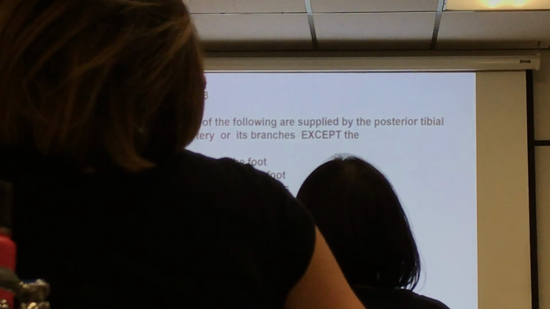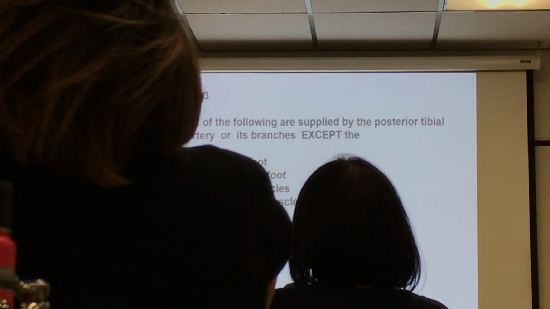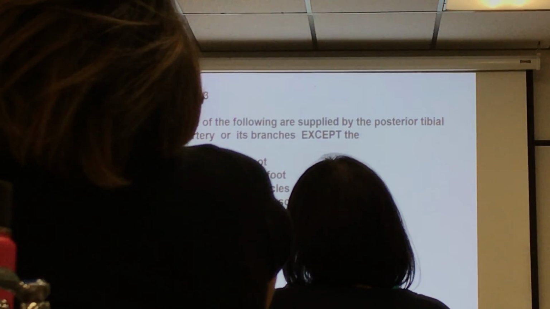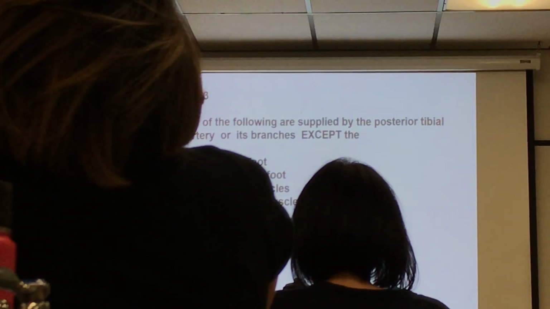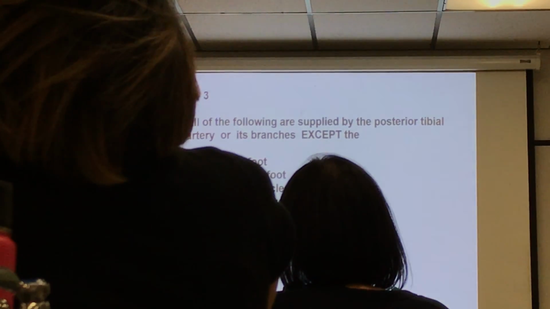I just said, all of the following are supplied by the popliteal artery or its branches, that would be true. That does everything. It does the side of the leg, the bottom, back of the leg, the bottom, the top of the foot. But we're past that, so we're looking for one decimal or its branches are going to do everything but one of those regions.